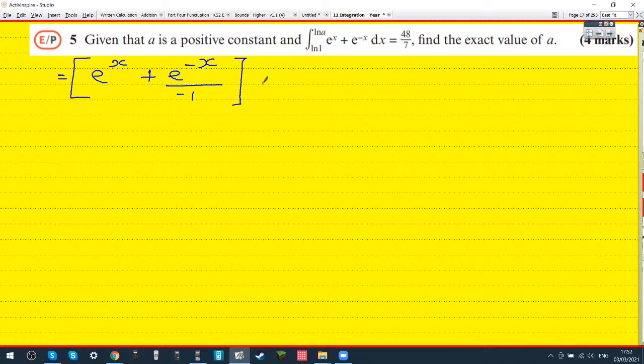Let's see, that's equal, so that's what? ln a, ln 1 equals 48 over 7. You have to find a. How do we do it?